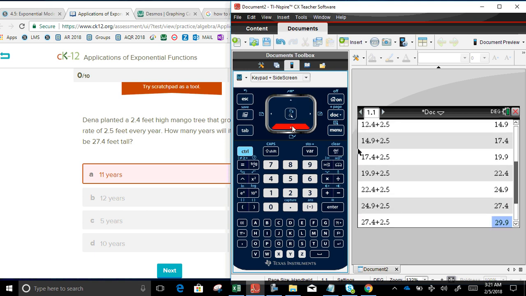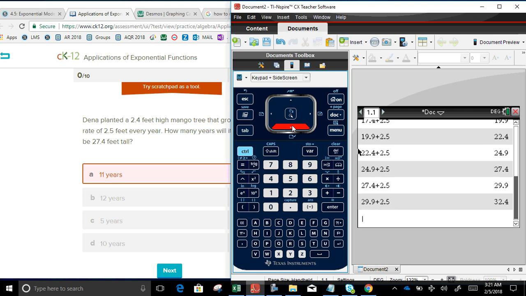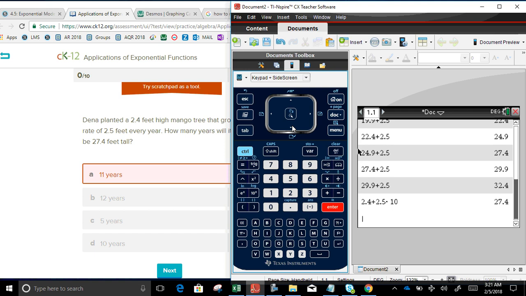In other words, that would have been 2.4 plus 2.5 every year x, but replace x with 10. On the other hand, you can add those together.